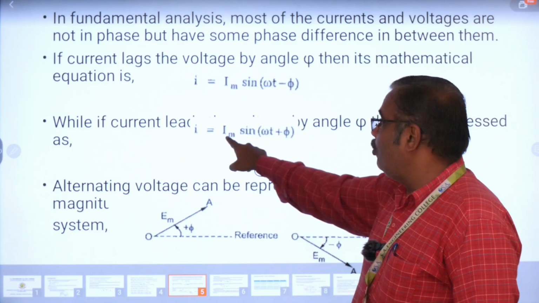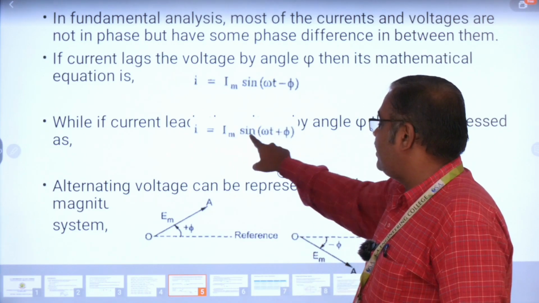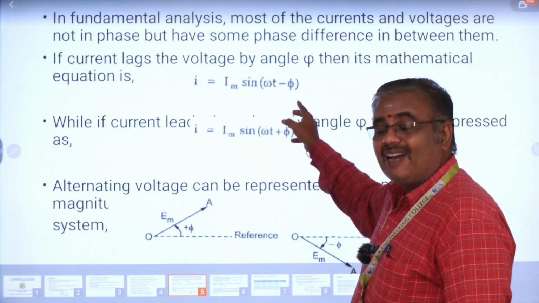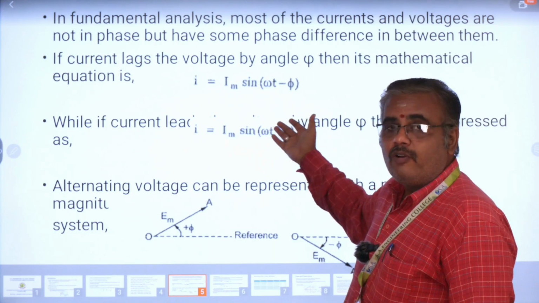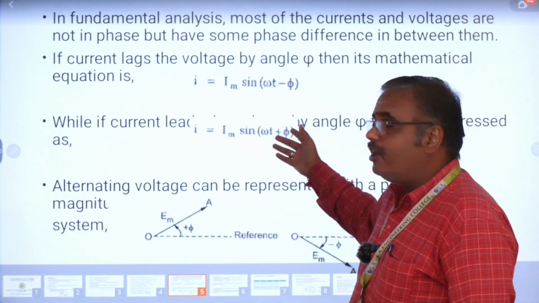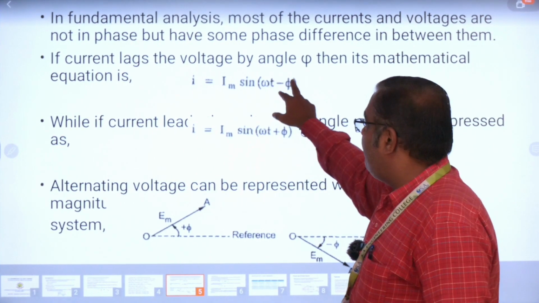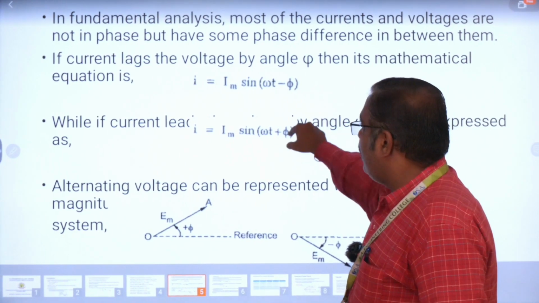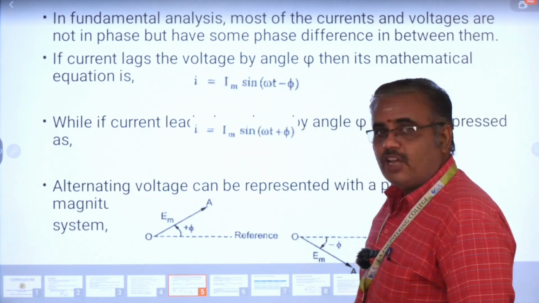And for a pure capacitive circuit, I is equal to Im sin(omega t plus phi). This plus phi indicates that the current flow leads the voltage by an angle of phi. The value of phi will be equal to 90 degrees in both cases. So this is what these two equations conclude.